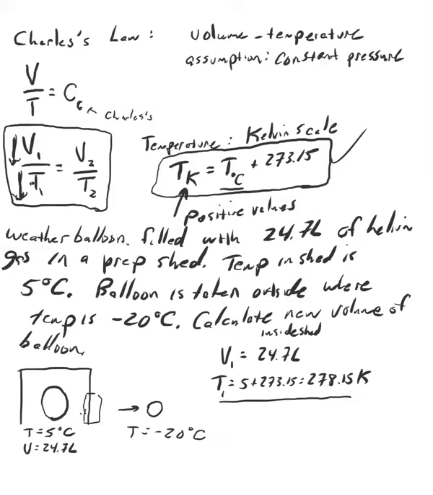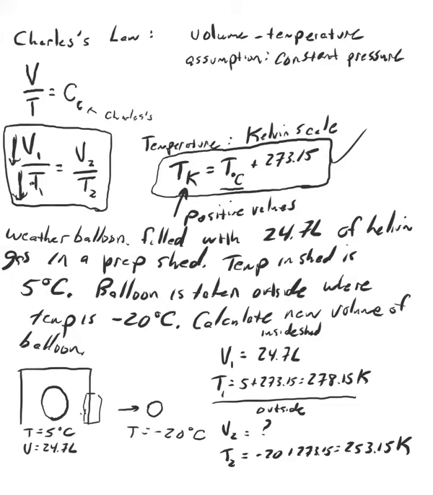And then we'll do outside. Outside, we'll call that V2 and T2. Outside, we don't know what the volume is, but we do know the temperature is -20. So -20 plus 273.15 is 253.15. Notice, you don't ever get negative values for Kelvin. You can have negative for Celsius or Fahrenheit, but not for Kelvin. Okay, so now we've got our numbers.